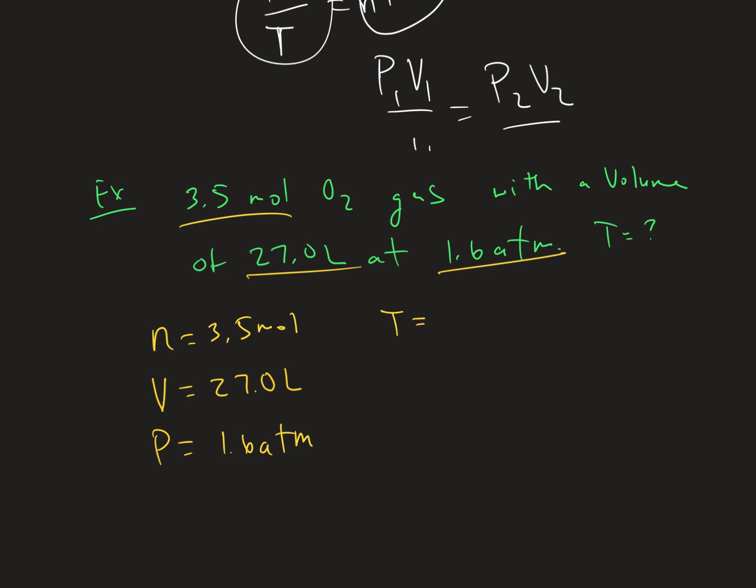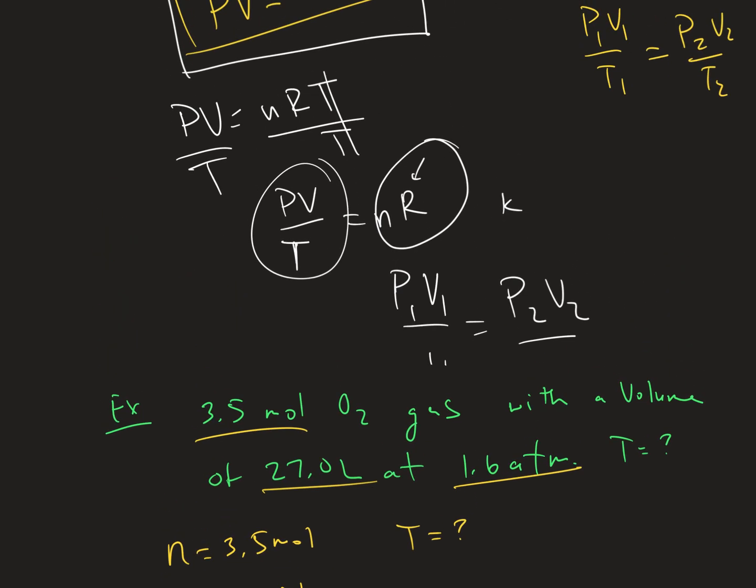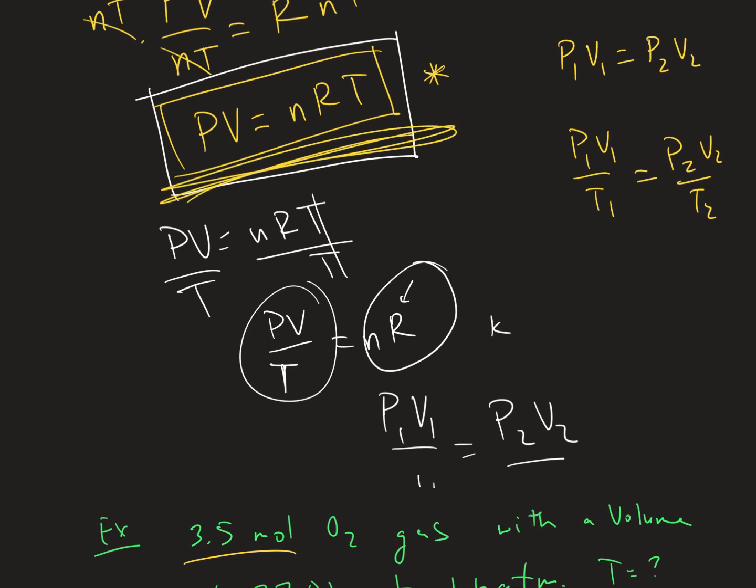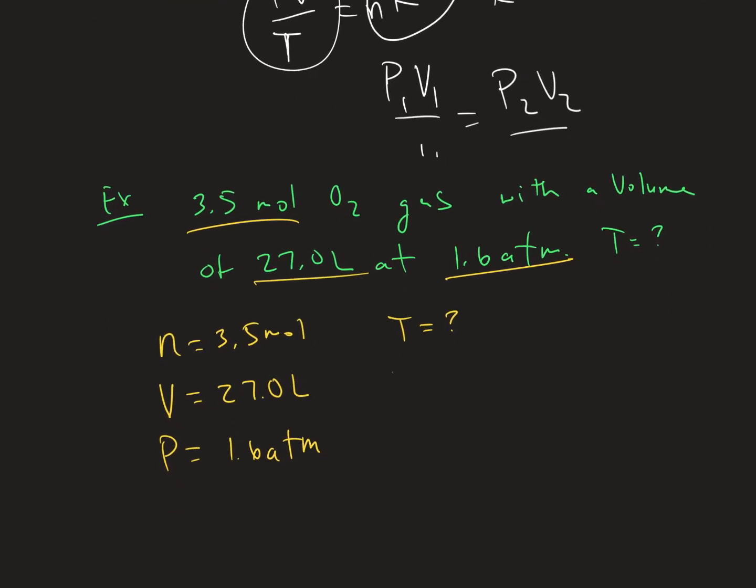And we're looking for temperature. Do we need to know anything else to use this formula? R, and we do know that, right? And we know R is 0.0821 what? ATM liters per mole Kelvin.